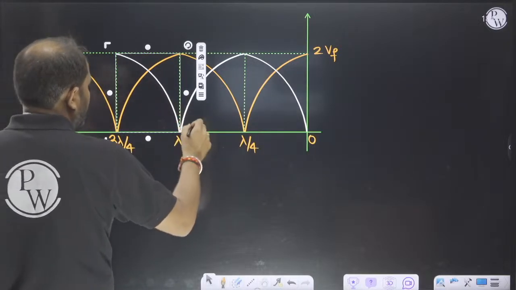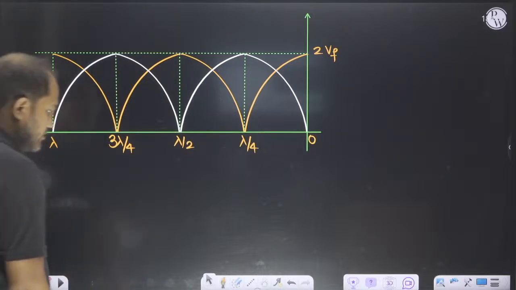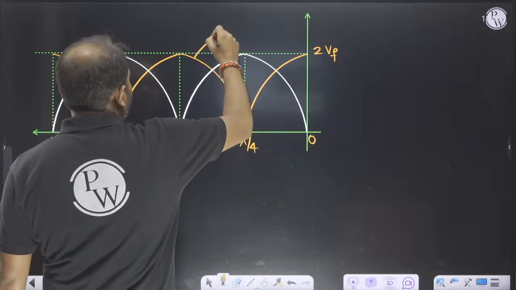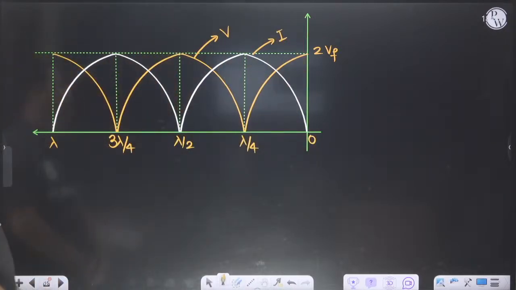Current is maximum, voltage is minimum. Like that. So this is the graph for voltage, and this is the graph for current. So voltage and current we have drawn.